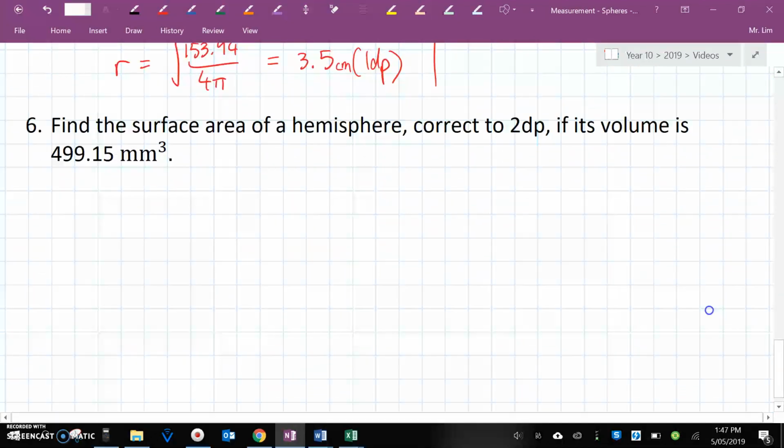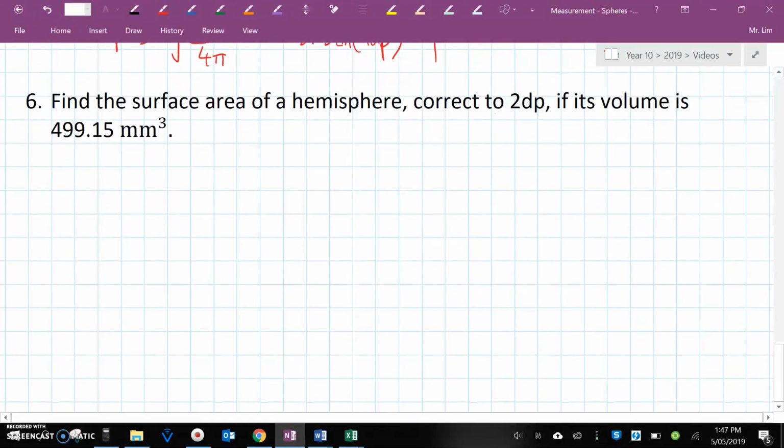Question 6. Find the surface area of a hemisphere, correct to 2 decimal places, if its volume is 499.15 millimeters cubed. So we're given the volume, which is 4 over 3 pi r cubed. We're going to replace V with 499.15.